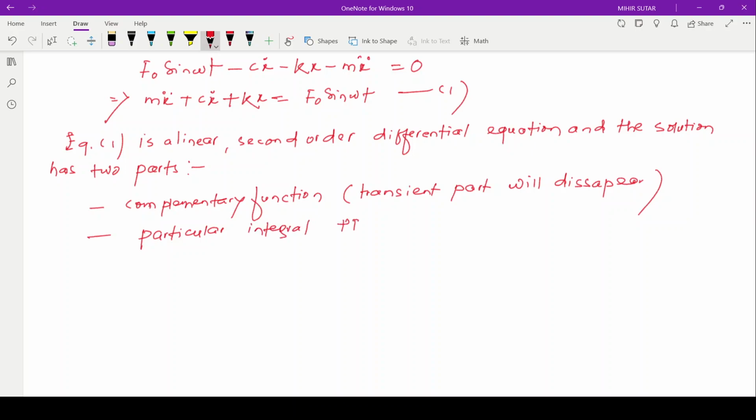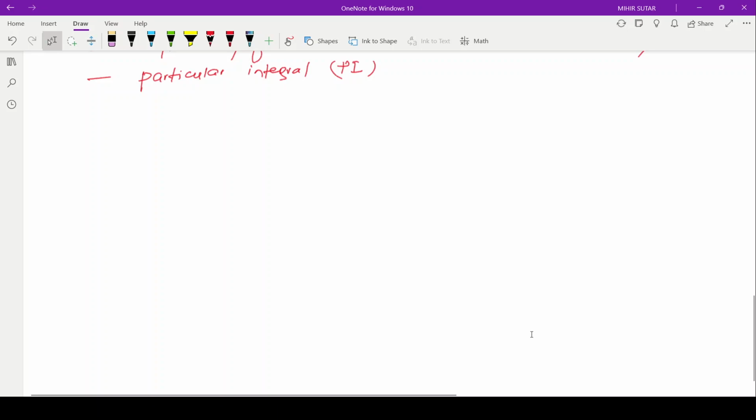For the complementary solution, we have mx double dot plus cx dot plus kx is equal to 0.